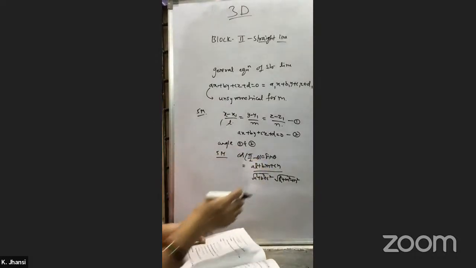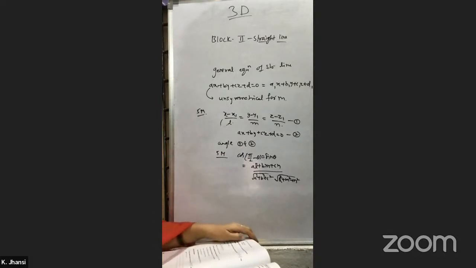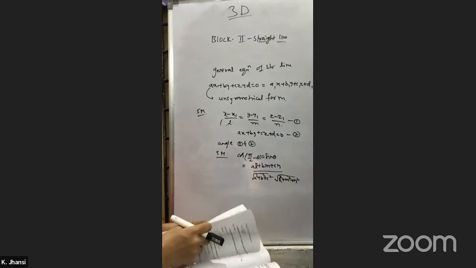This is the formula. Okay. If you substitute the values in that, then you will get the angle between the plane and line. This is one topic you are able to get for a 5 marks question.